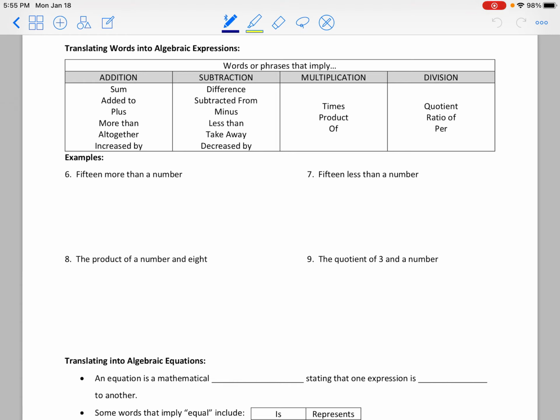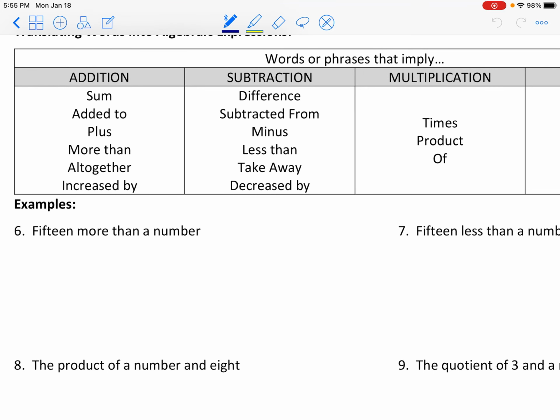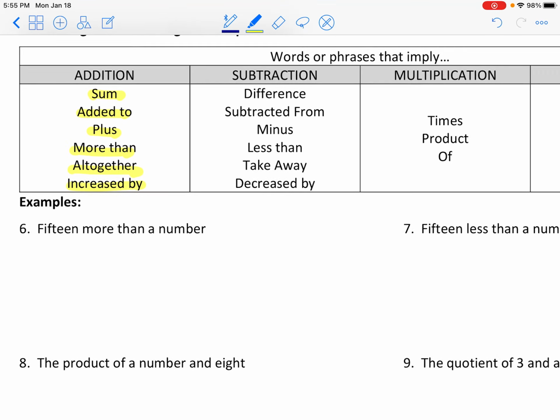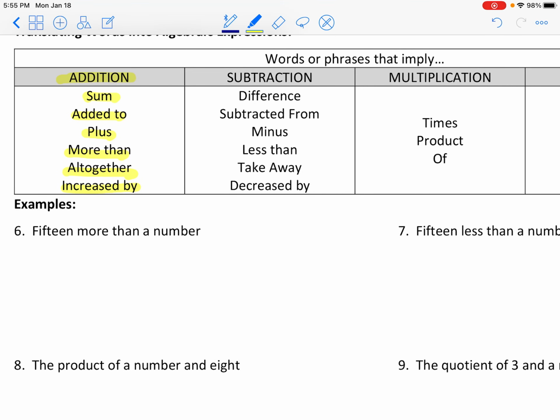So we should be able to translate words into algebraic expressions, and to do so we have to understand which words are implying which operations. So when we see words like sum, added to, plus, more than, altogether, increased by, those all imply addition. That's telling us to add our terms. Okay.